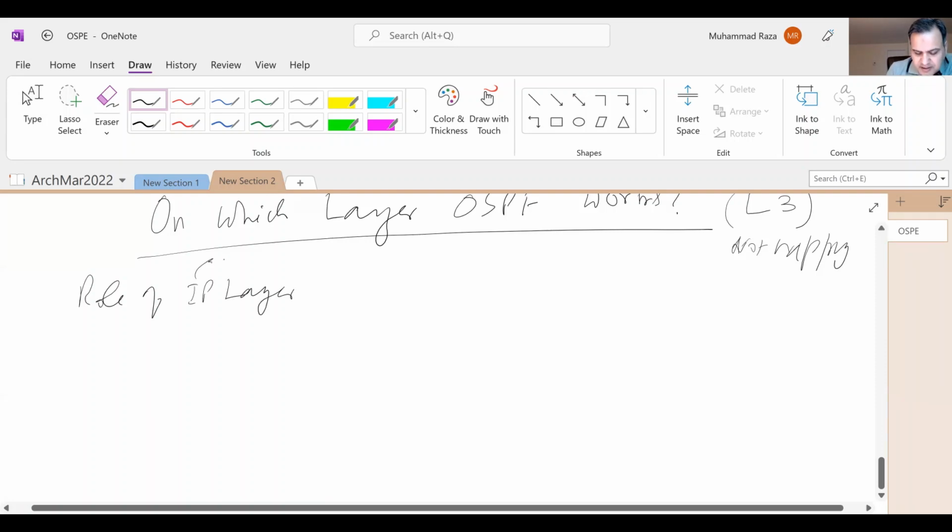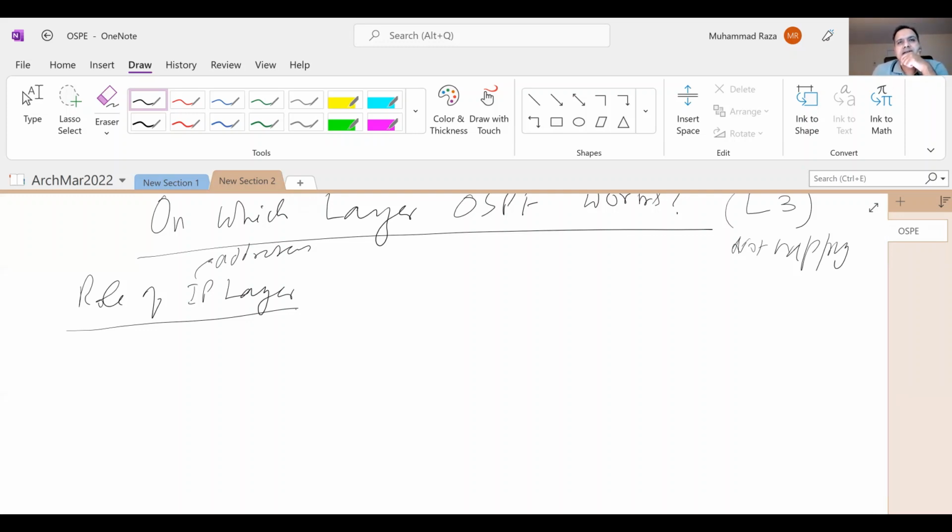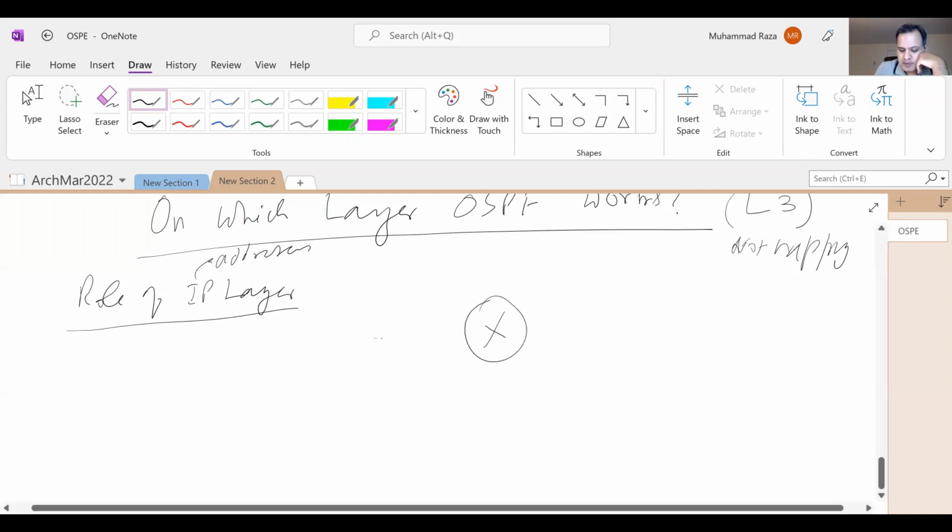The IP layer, or the layer which deals with IP addresses. What it does: if I am a router, I would receive a packet. It would have a destination address.